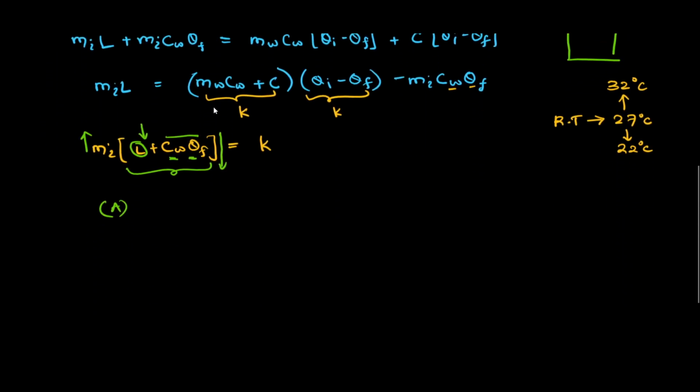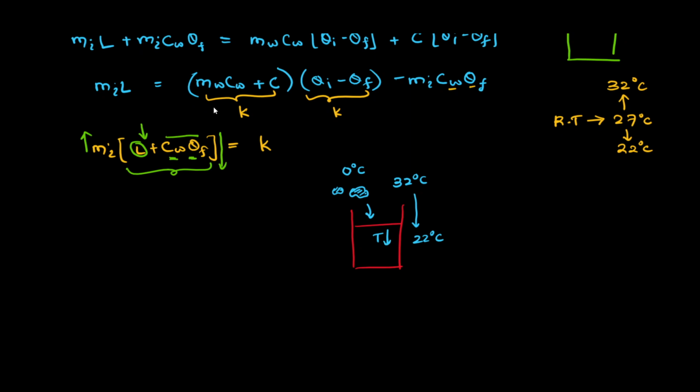The reason is, let's think this way. Let's say we start the experiment at 32 degrees Celsius and we have to stop the experiment at 22 degrees Celsius. For that, we will need a certain amount of ice at 0 degrees Celsius. When it melts, the temperature goes down. Now you are doing the experiment without properly wiping.